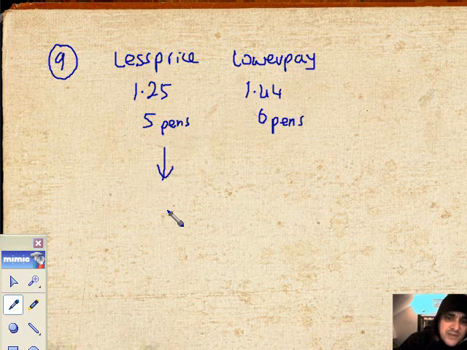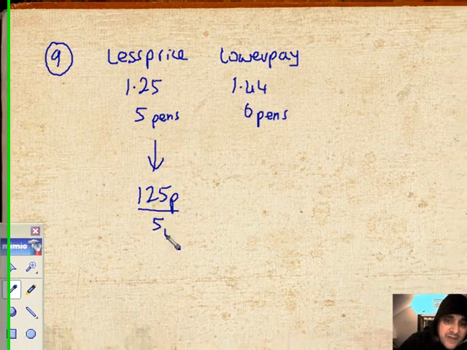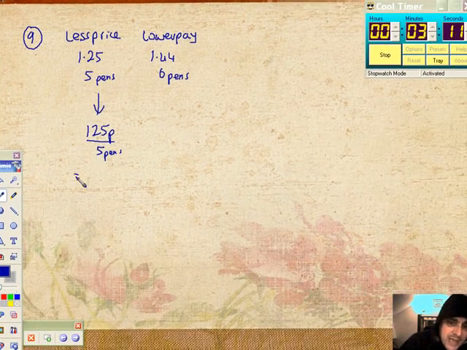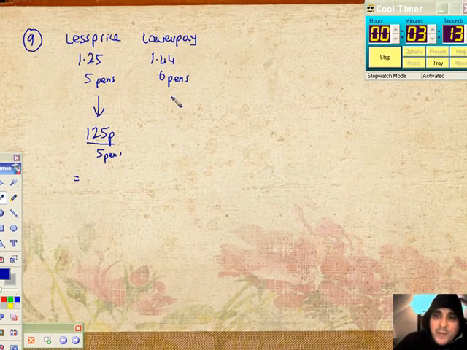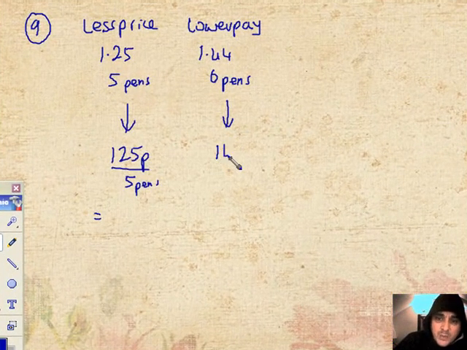Well, let's take Less Price first. We're going to share out the 125 pence amongst the 5 pens and get our answer. And for Lower Pay, we're going to do the same. We'll take the 144 pence and share it out amongst the 6 pens and see who wins.